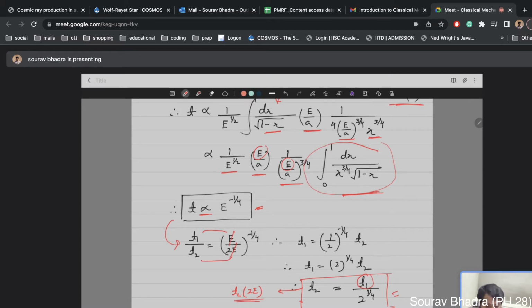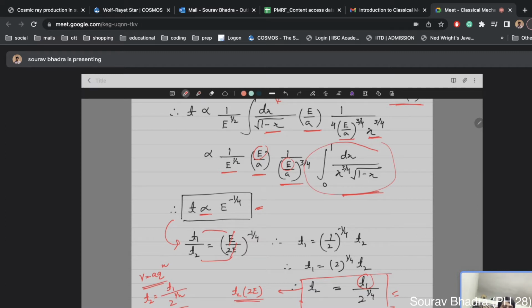Generally you can also write it as: if your potential is V equals a q to the power n, I mean for our case n was 4, so n is the generalization, then your t2 will take the form t1 by 2 to the power 1 by n. I have just substituted my 4 with n to get the generalization.